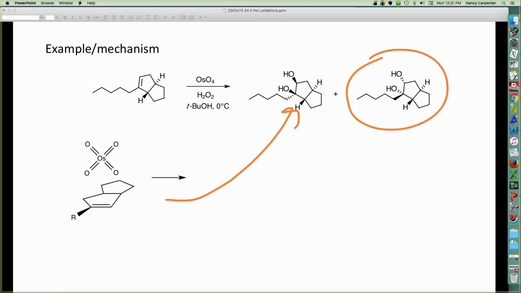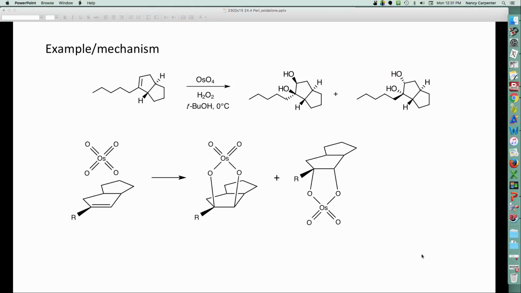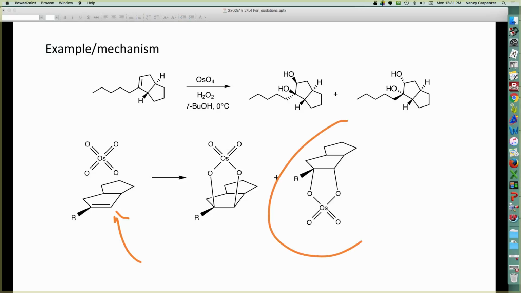Then how does this one get formed? Well, that one will be formed from approach of the osmium tetroxide from the bottom side to give you this particular intermediate.